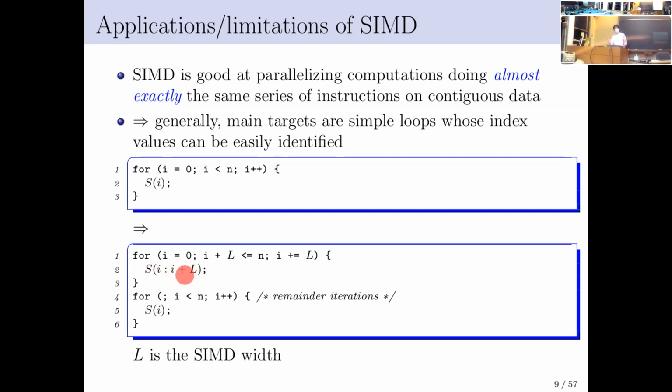For reasons that become clear later, it is very difficult to vectorize a for loop if, for example, S has a very complex control flow, so depending on which iteration you are executing, one iteration does something A, and the next iteration does completely different things. So it is not good at vectorizing this kind of computation.